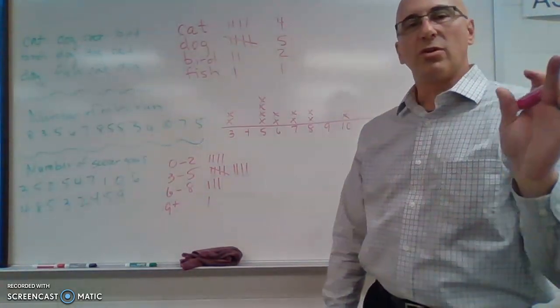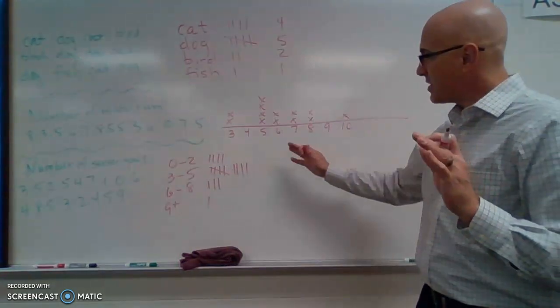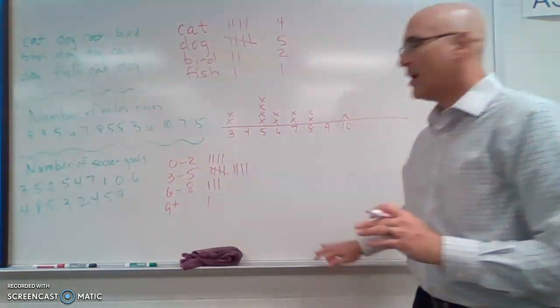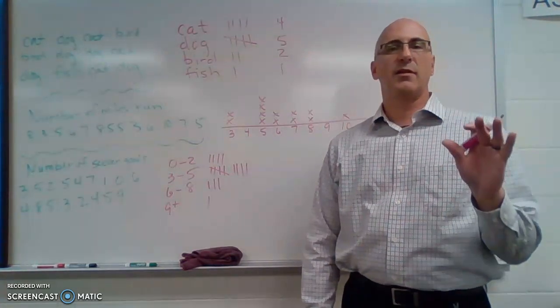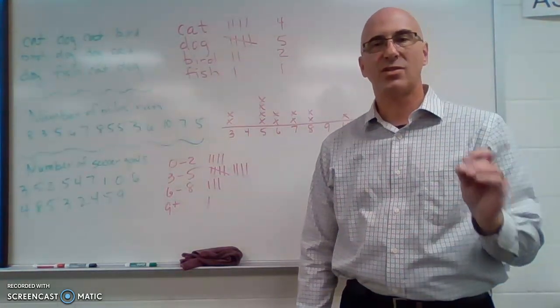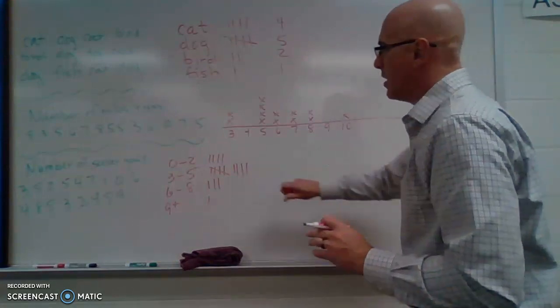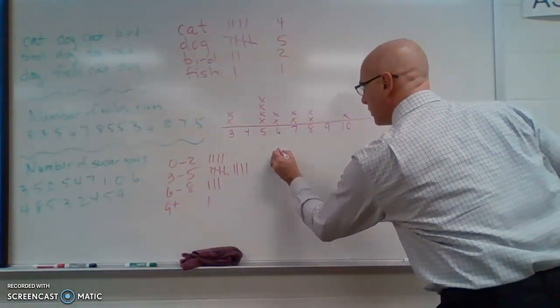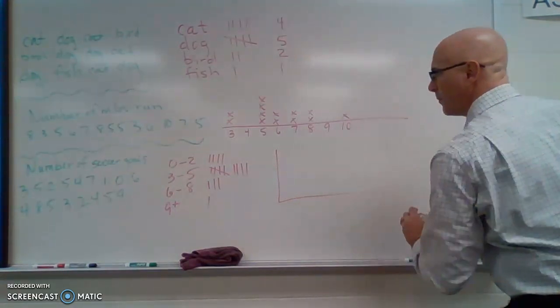Now we can take these tallies. These are called intervals, and we can make a special kind of bar graph called a histogram. A histogram we use when we're looking at intervals. We do about the same thing.